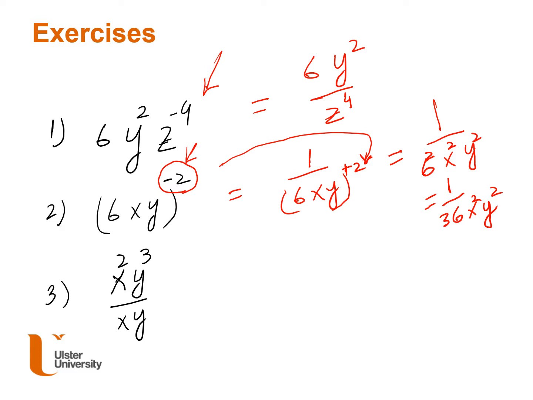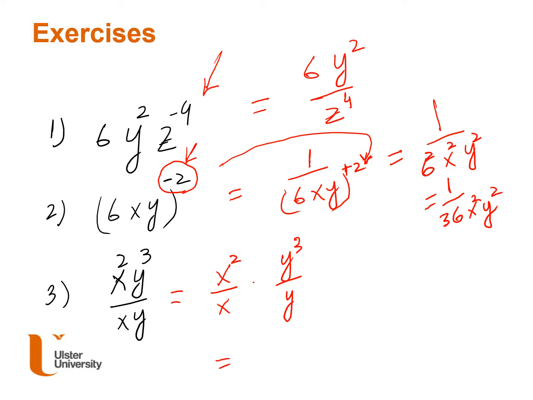Looking at question number 3, we got x to the power 2 and y to the power 3 divided by x over y. We can write it like x to the power 2 divided by x and y to the power 3 divided by y.